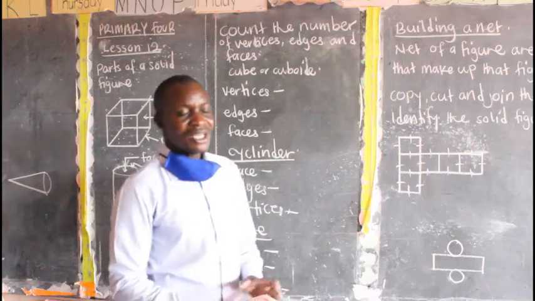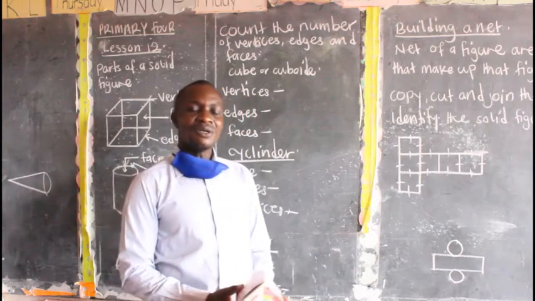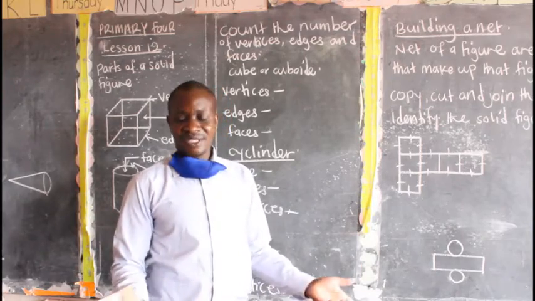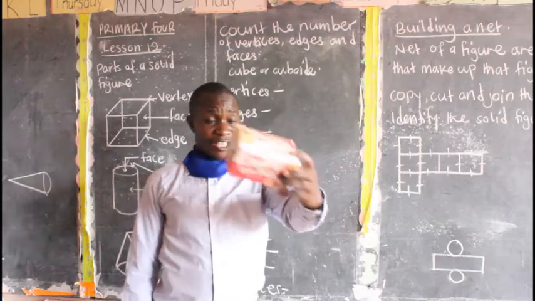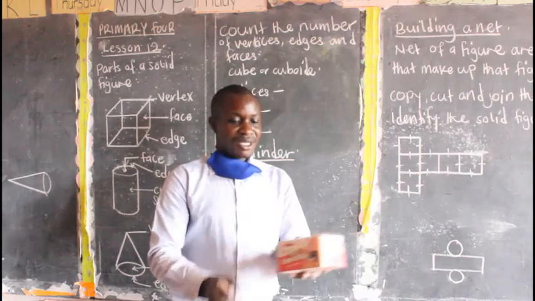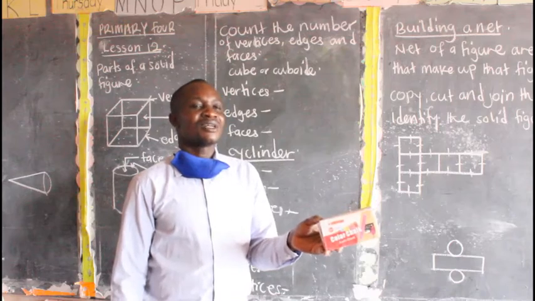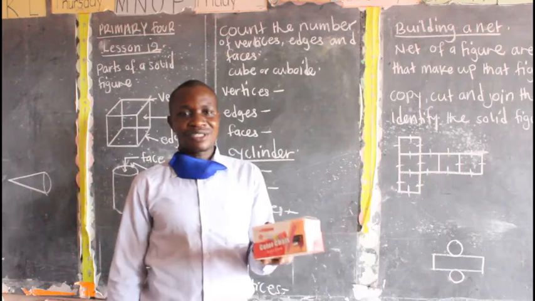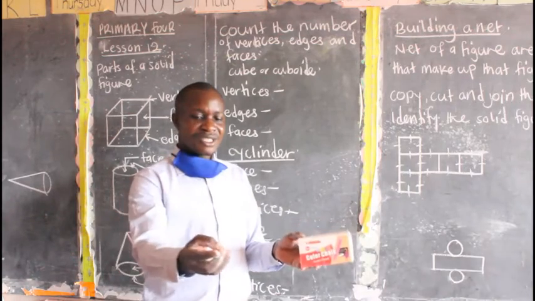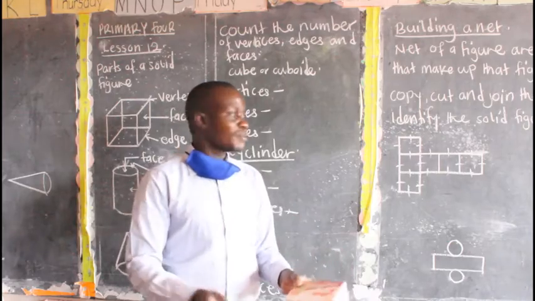A cuboid and a cube have the same number of vertices, the same number of edges, the same number of faces. Only that a cube has all sides equal, but this one doesn't have all sides equal. But when it comes to the number of vertices, faces and edges, they are the same.